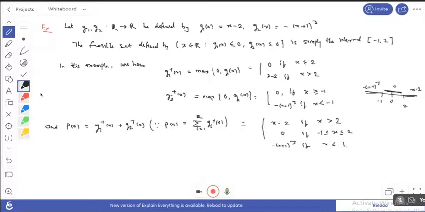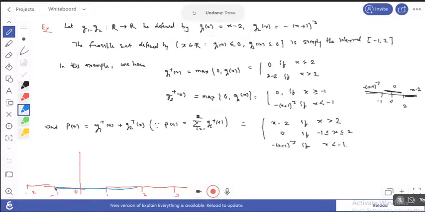If we try to plot the graph of p(x), this is 0, this point is 1, this point is 2, this point is 3, and so on. This point is minus 1, and here it's 2. From minus 1 to 2, this function value is 0.